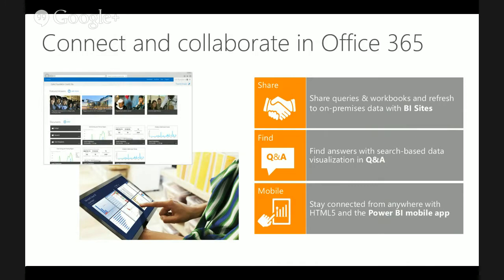You can have two flavors of that. One is SharePoint on-prem, so you can have your own servers and deploy your SharePoint locally, or you can use Azure, the SharePoint Online environment, which is called Office 365, and you can deploy your charts and everything on this. And people can pretty much see the whole thing. You can have your security, and you can assign who can see what and everything.